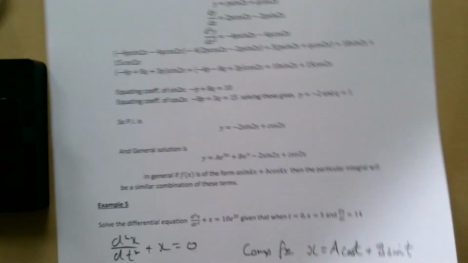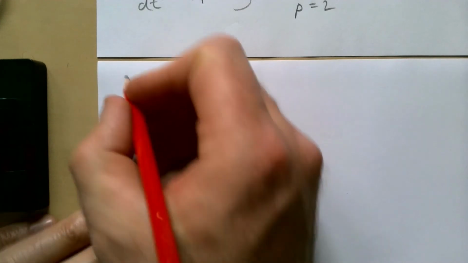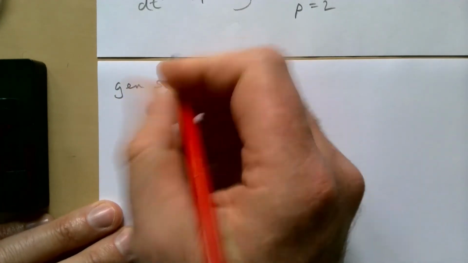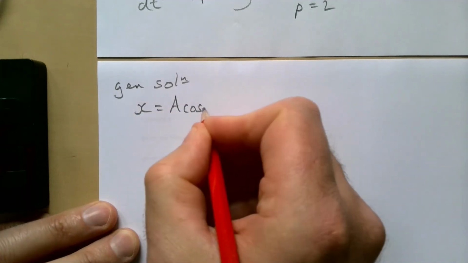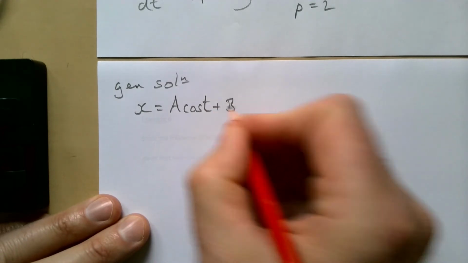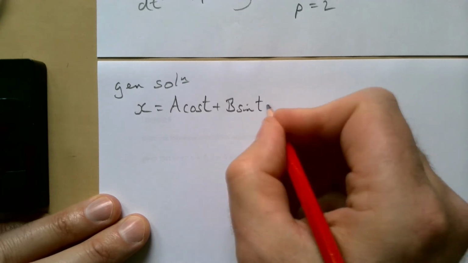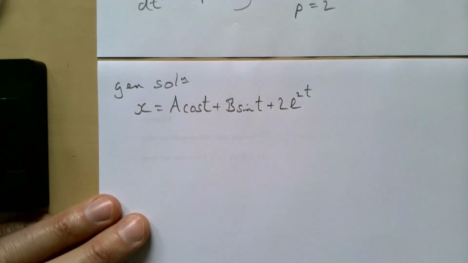Now on to the next bit. That means our general solution becomes x equals a cos t plus b sine t plus 2e to the 2t.